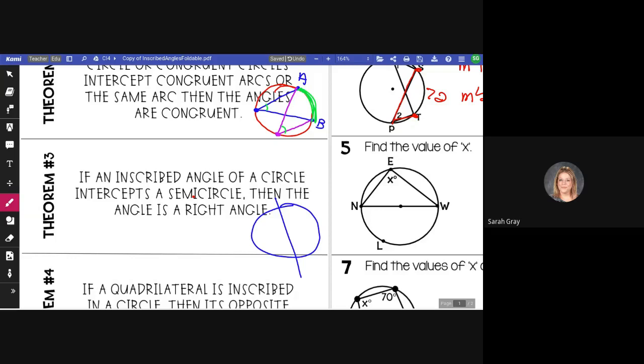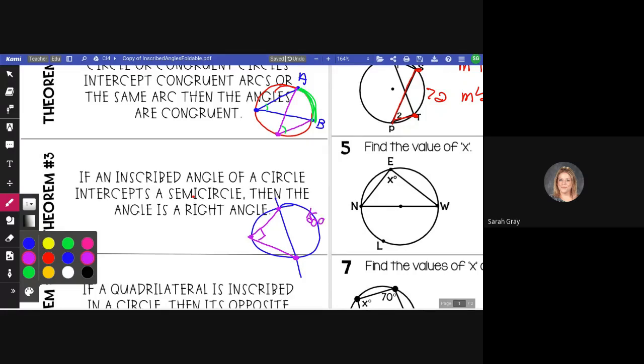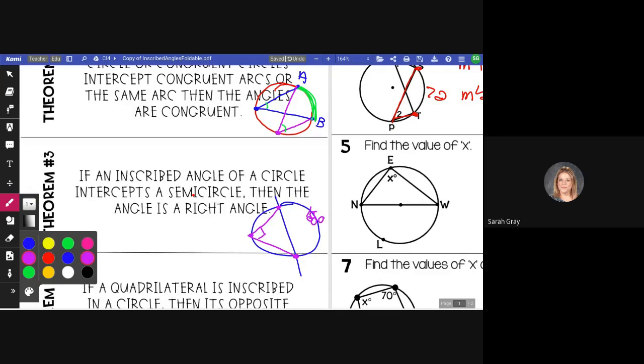If an angle hits a semicircle, then that angle has to be a right angle because it opens up to a 180-degree arc. And the arc is twice as big as the angle. So this theorem follows right after theorem 1.